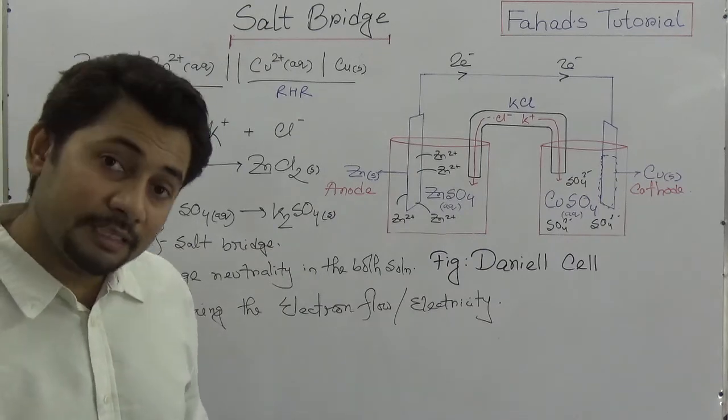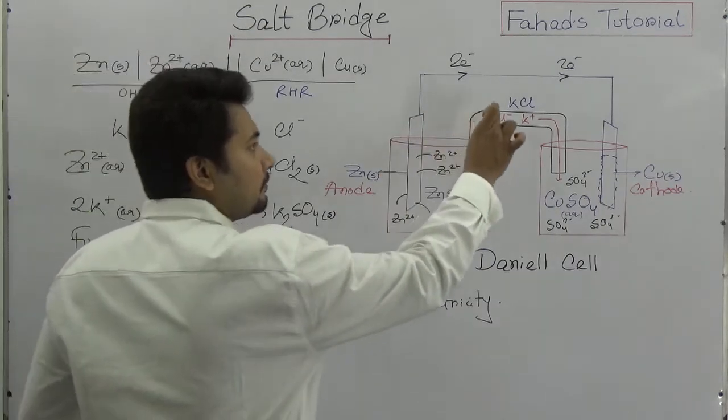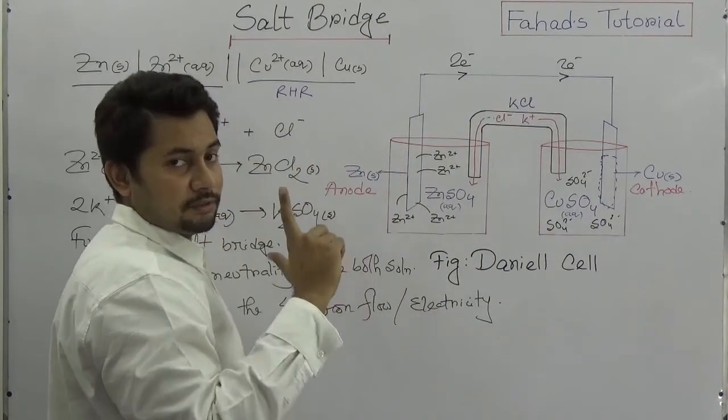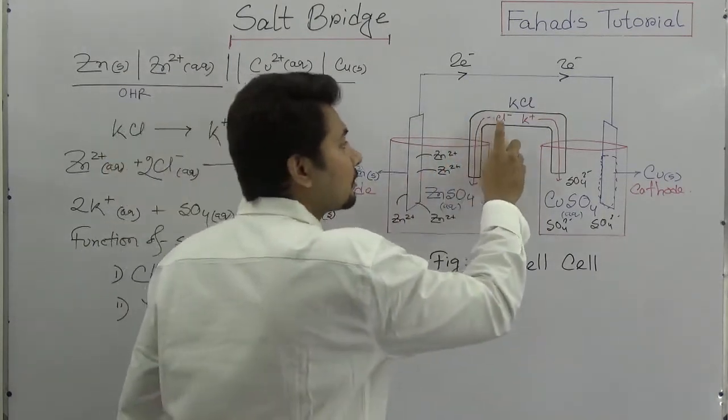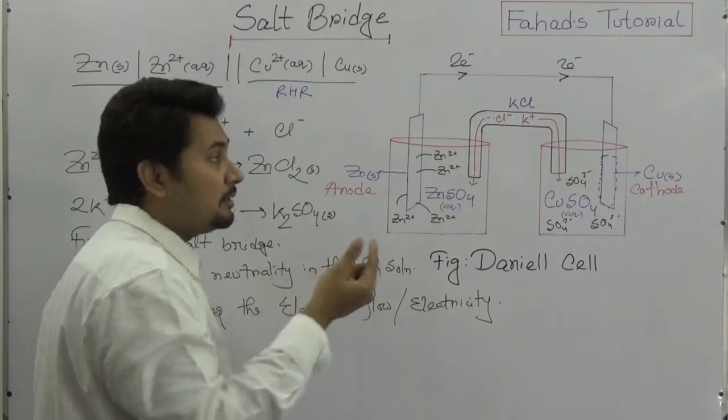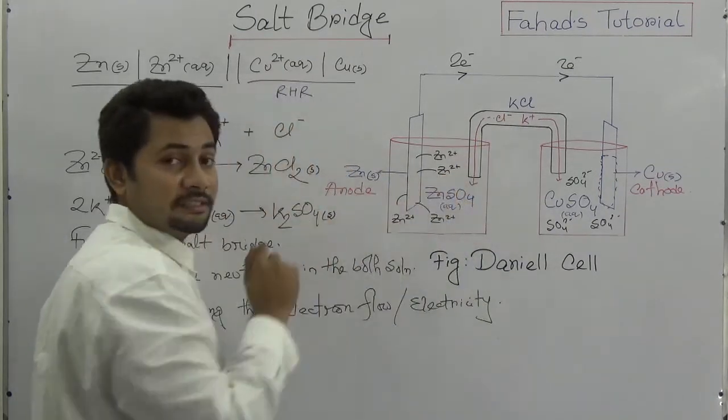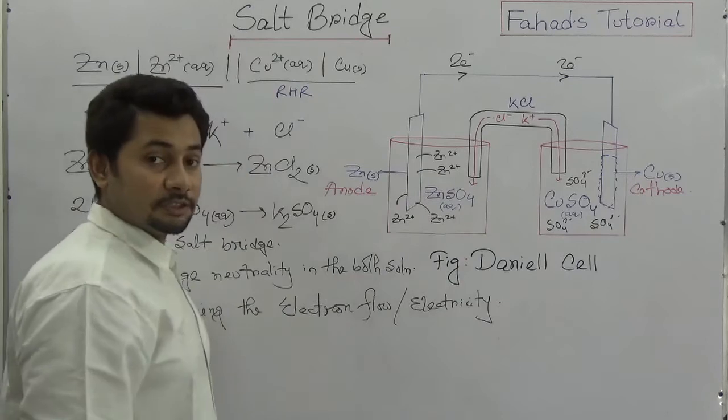So you know why the salt bridge is used: potassium chloride or even sodium chloride, whatever. The chloride, which is an anion, will be attracted to the positive ions, here especially zinc 2 plus.